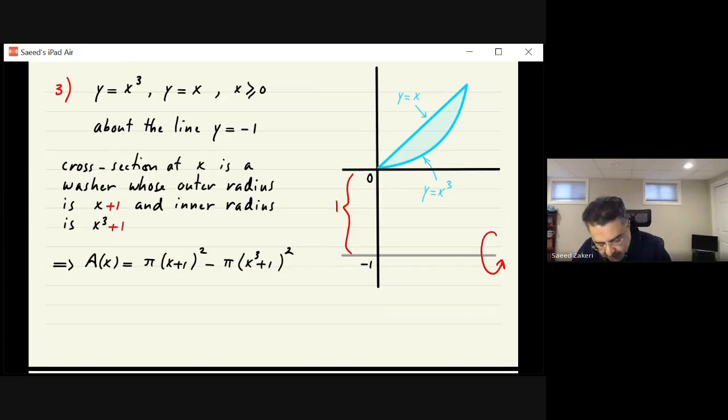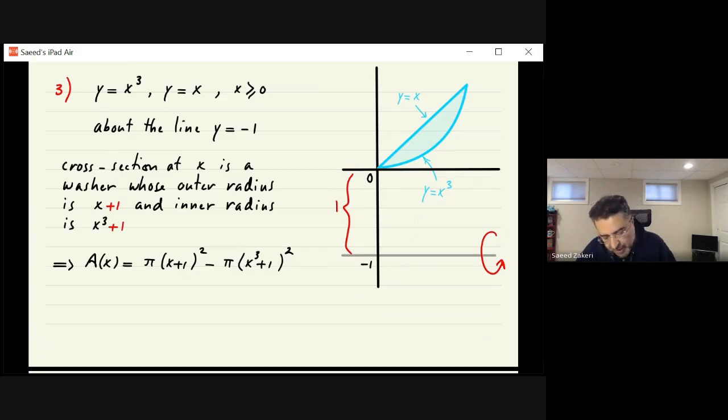Previously, when the axis of rotation was just the line y equals 0 or the x-axis, I didn't have this plus 1 and this plus 1. And this formula was pi x squared minus pi x cubed squared, which is x to the 6th. But now, both radii, I have to add 1 to them. I have to add 1 to this function, I have to add 1 to this function, and then proceed as before.